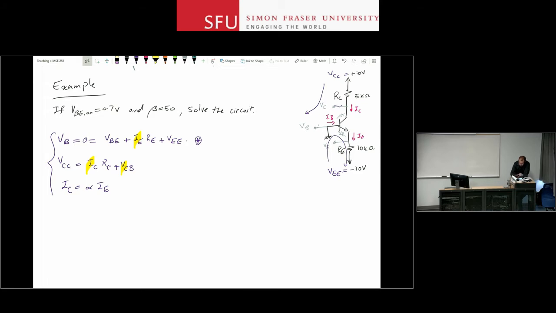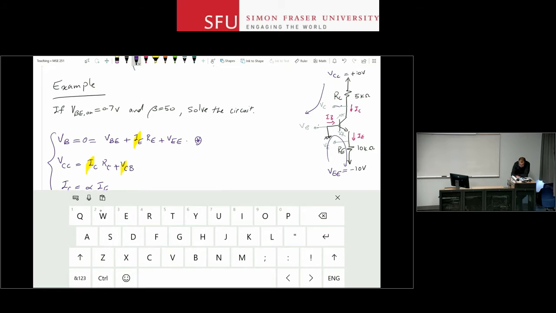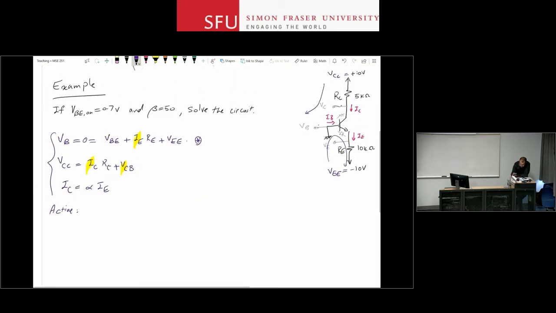That one I actually can solve independently. It looks like I have enough voltage to turn BE on. I'm going to assume the device is in active region. From the first equation I have over here, I can see that VBE is assumed to be 0.7 volts when the diode is on.